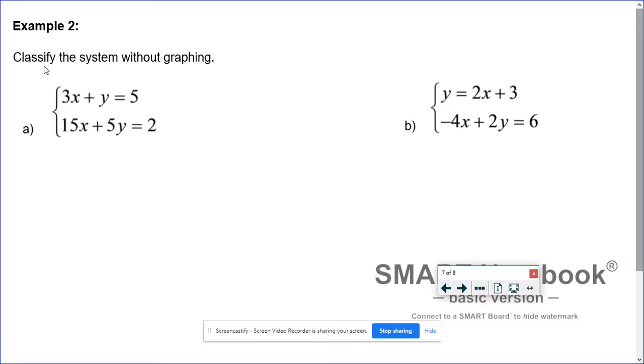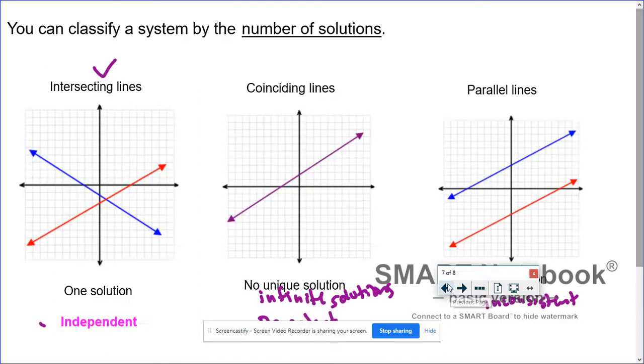So this question says to classify the system without graphing. Well, if I go back to these pictures, what you can notice is the first piece of information that you'd want to know in order to try to group a system into one of these three categories is the slope. If the slope is different, it's going to be an independent system.